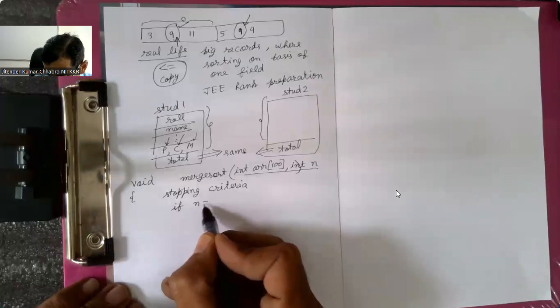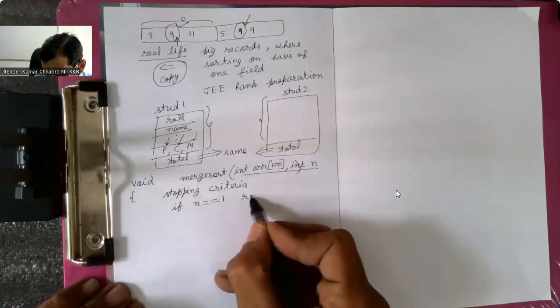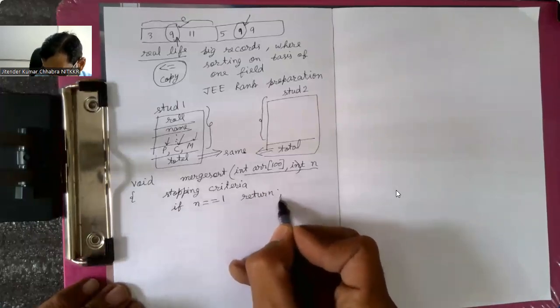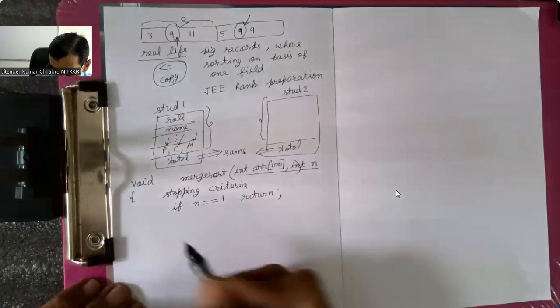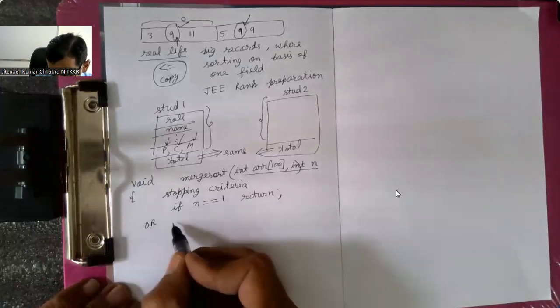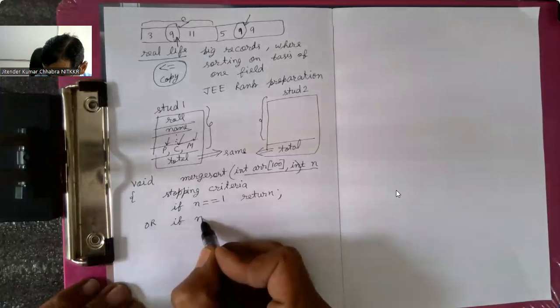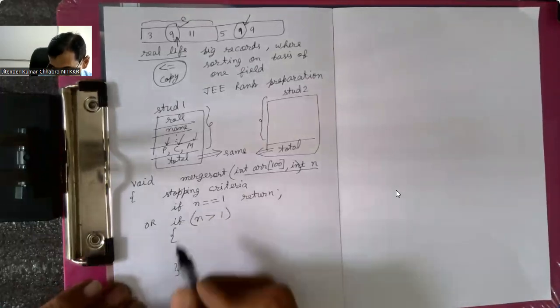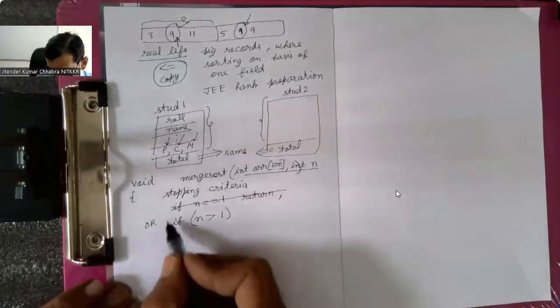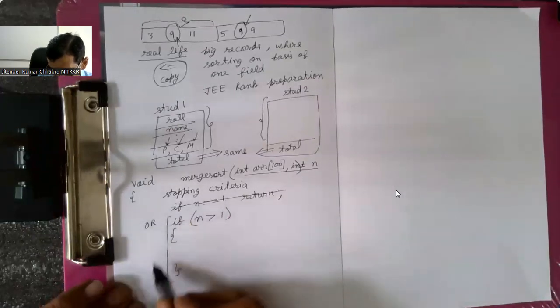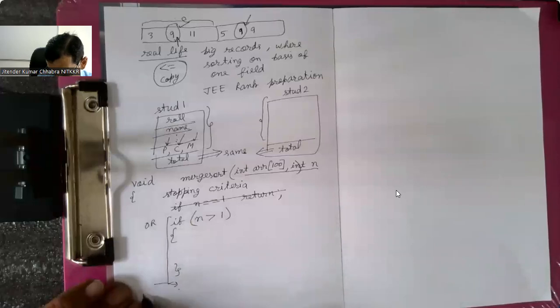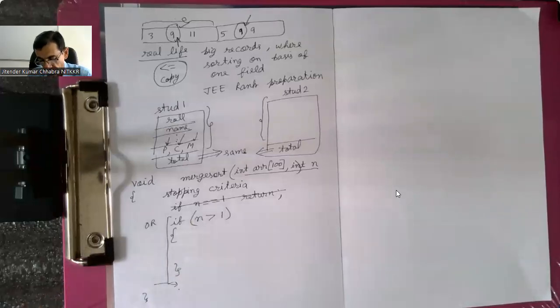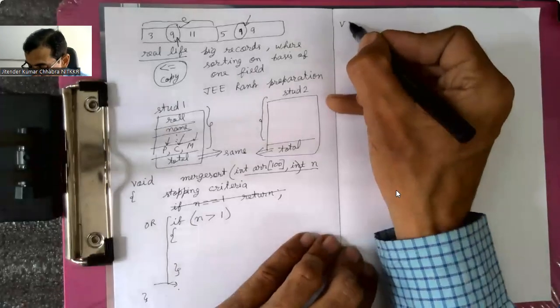So I could say if n equal to 1, return. That's it. Or otherwise, you could write if n greater than 1, only then do you have some logic to do. And then you don't write the return statement. If n is equal to 1, automatically you reach the end, and the code will be over. So it's your choice, whichever way you write.